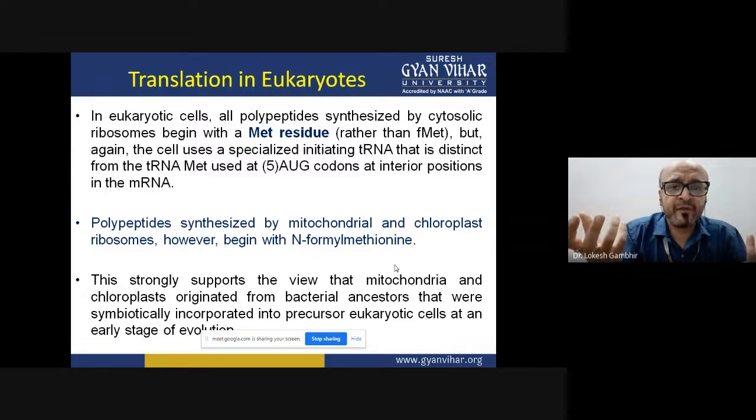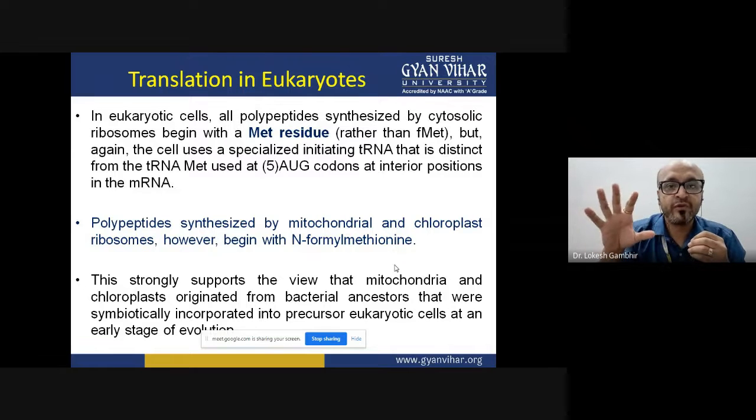That's why people have advocated that mitochondria and chloroplast originated from bacterial ancestors. So in the eukaryotic cell, the translation process in organelles goes in a manner similar to prokaryotes, and the nuclear genome is also quite similar to the prokaryotes.